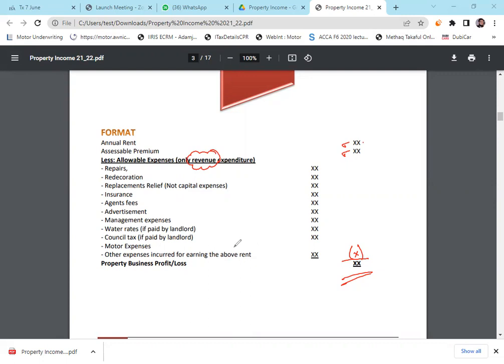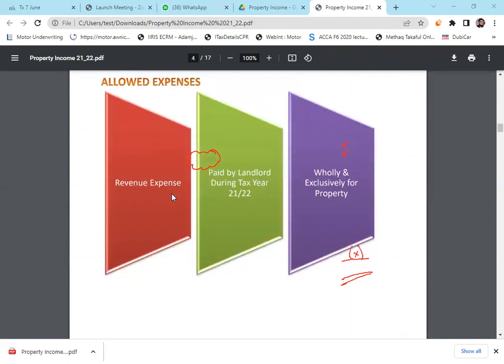If you are purchasing a non-current asset, it's a capital expense. If you are spending money which is bringing you improvement, this is also a capital expense. So first thing is expense must be revenue expense.